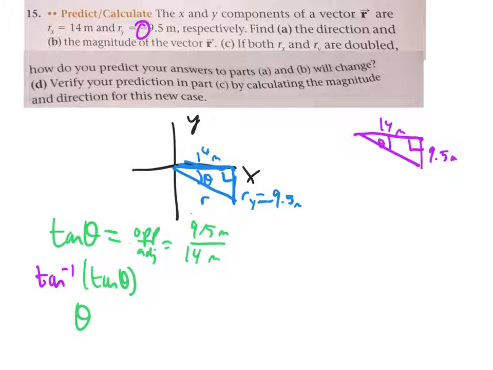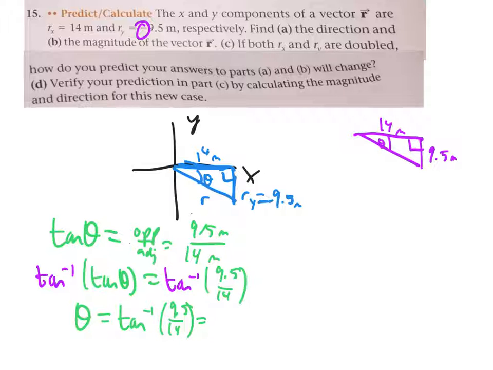So the inverse tangent of the tangent of theta is, by construction, theta. That's what inverse tangent does. The price we pay is that anything we apply to one side, we have to apply to the other side. So over here, we'd have the inverse tangent of 9.5 over 14. And therefore, theta is the inverse tangent of 9.5 over 14, which is 34 degrees.